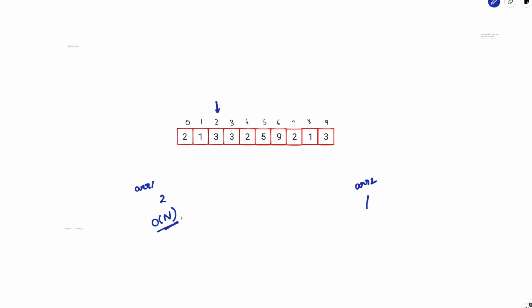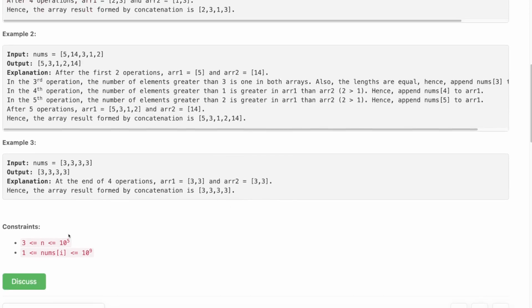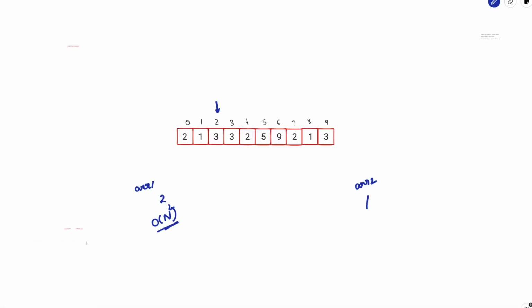So overall you will be doing order n square operations to distribute this array into array 1 and array 2. This will not pass because the value of n is 10 power 5, which is too large to pass the given time constraint. So you need to do something better.